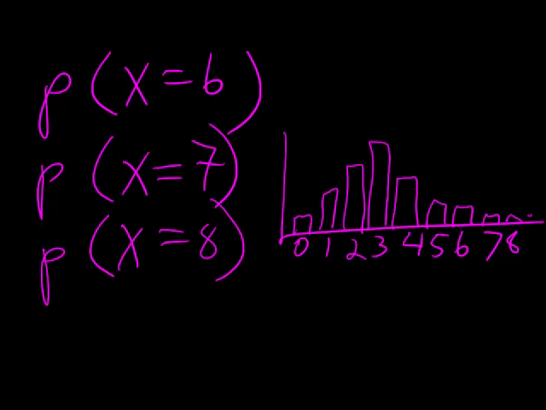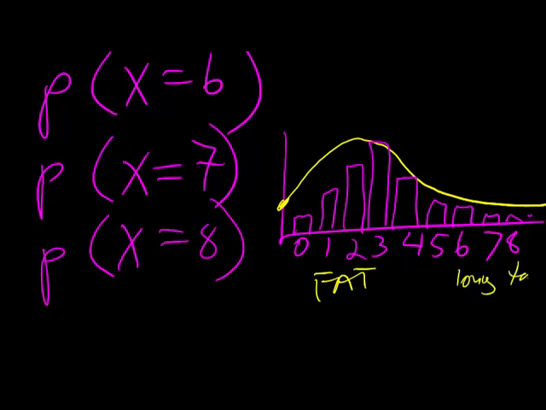They start high, and then they come down and tail off. Not quite a normal curve. But it goes fat, and then it has a long tail. That's a very traditional binomial distribution.